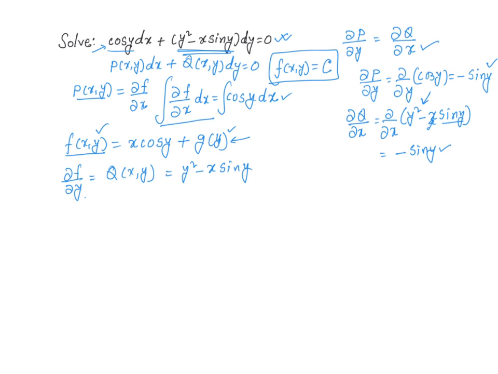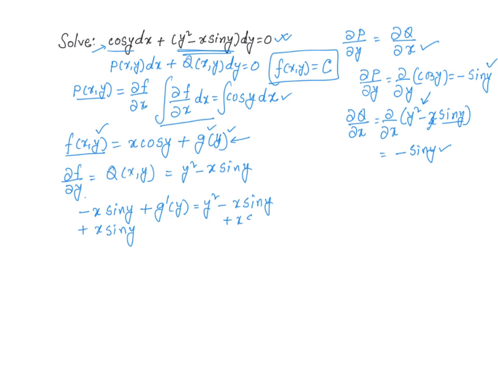However, what is del f over del y? I have f, so if I take the derivative of it with respect to y, it is going to be negative x sine of y, because the derivative of cosine of y is negative sine of y, plus the derivative of g, which is g prime of y. That's going to be equal to y square minus x sine of y. Now I could add x sine of y to both sides to cancel it out.